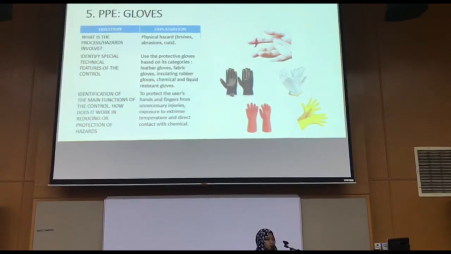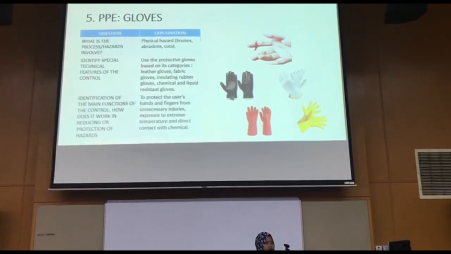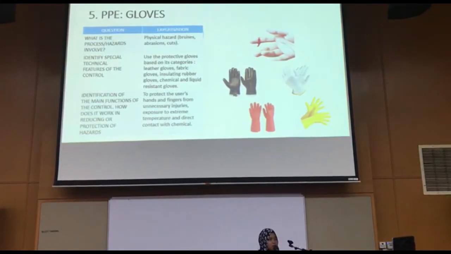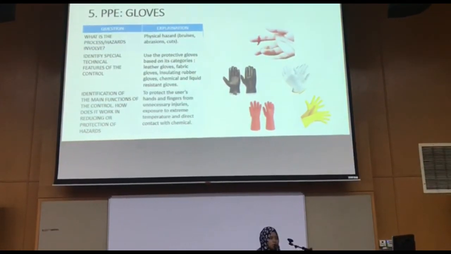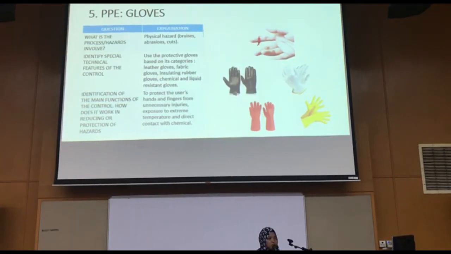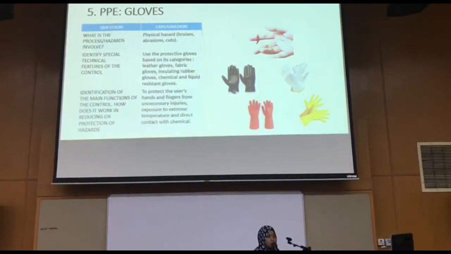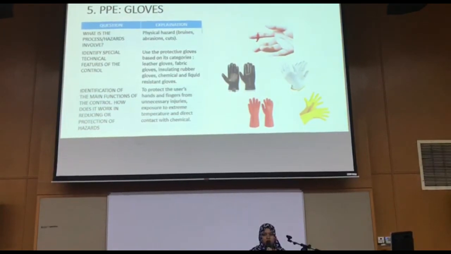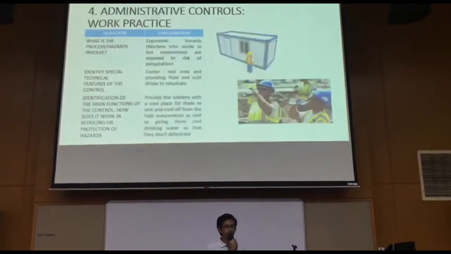The main function of gloves is to protect the user's hands and fingers from unnecessary injuries, exposure to extreme temperature, and also direct contact with chemicals because they can corrode your hands. Thank you.